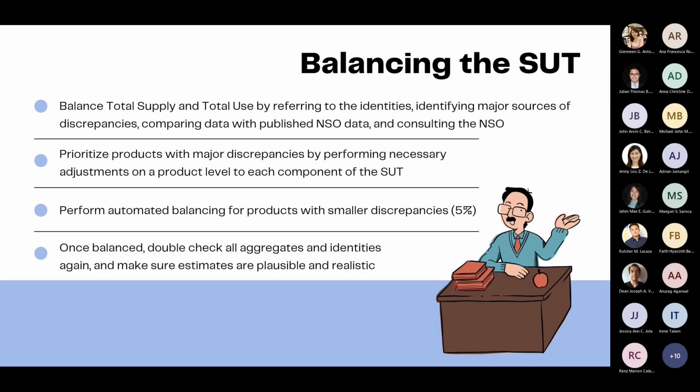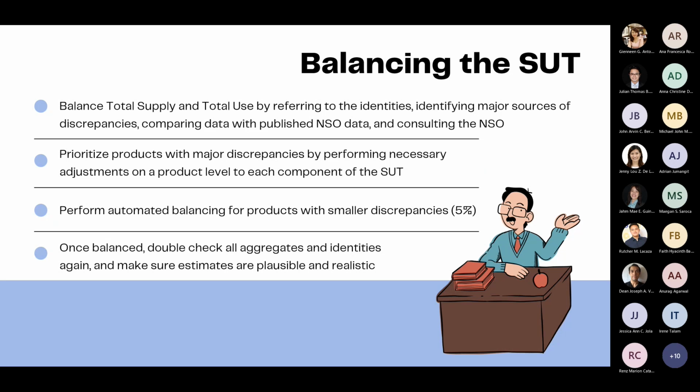Okay. So once you're able to balance both your supply and your use, see if you can balance each product's supply with each product's use. So you can start balancing on a product level, and this may prove to be a tedious exercise as you would need to check each activity. So you can start first by prioritizing products with major discrepancies.